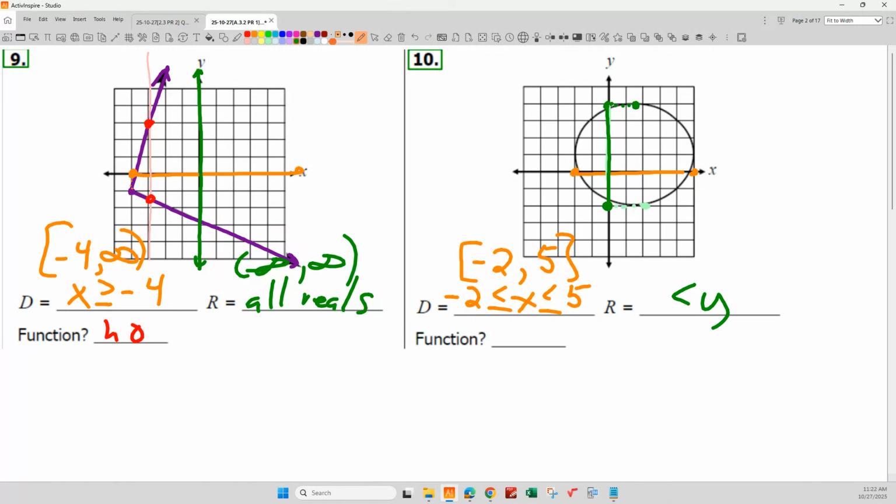Greater than, do I need an equal sign? I do, don't I? Yeah, because I'm including that endpoint. So y is greater than or equal to what value? -2, and less than or equal to, what's the top value? 4.